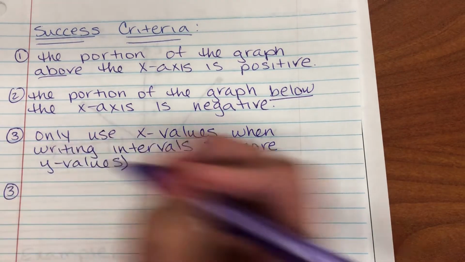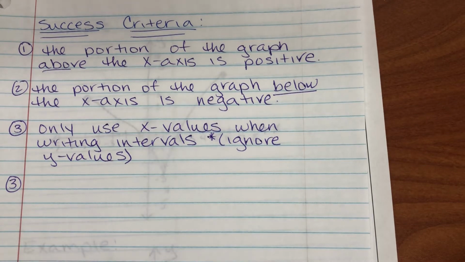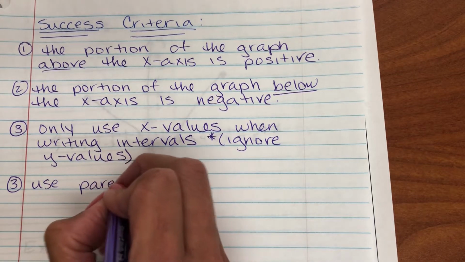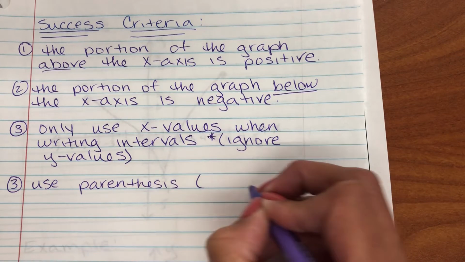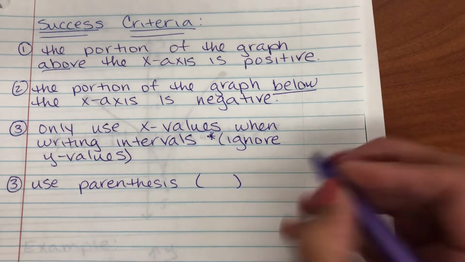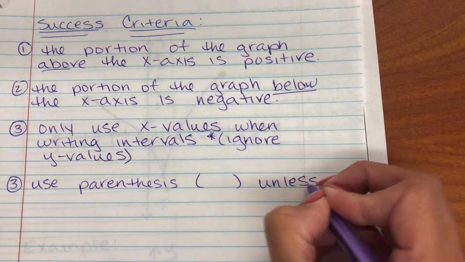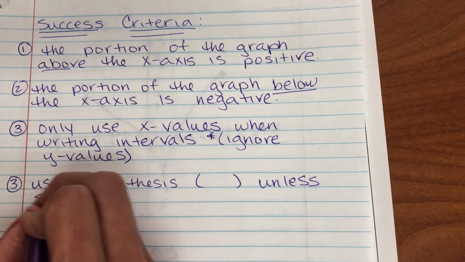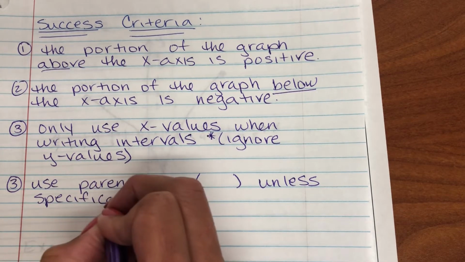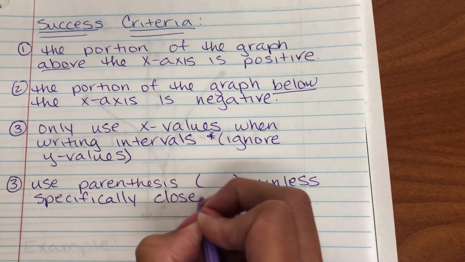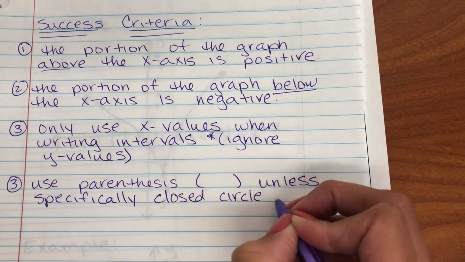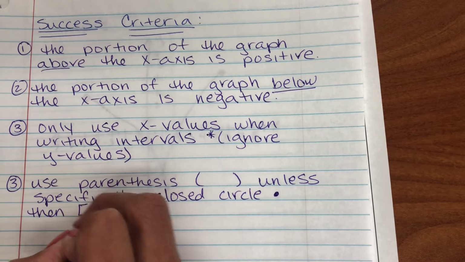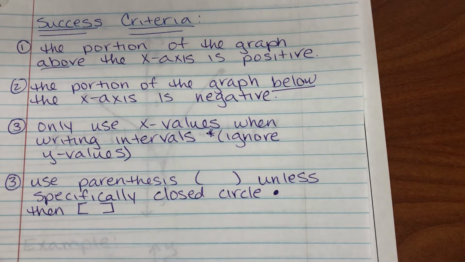And then lastly, we need to know if we use parentheses or brackets. So you're going to use parentheses like that, unless it's a closed circle, specifically a closed circle. Like that. Then, if that's the case, you're going to use brackets.